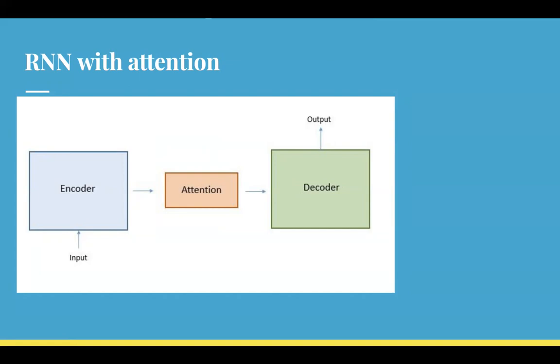Now, with this new structure, we're keeping all the hidden states for every time step of the encoder. So now the hidden vector is a matrix, made of all the hidden vectors from the time steps.